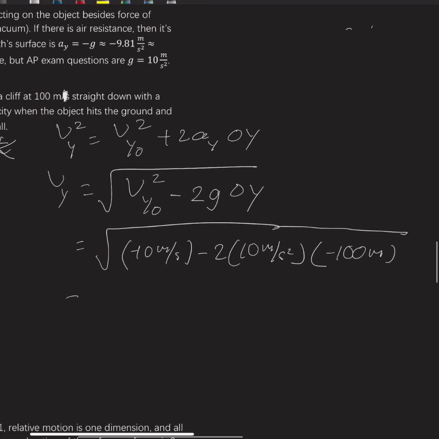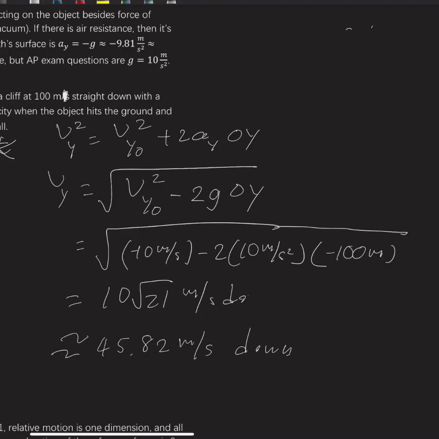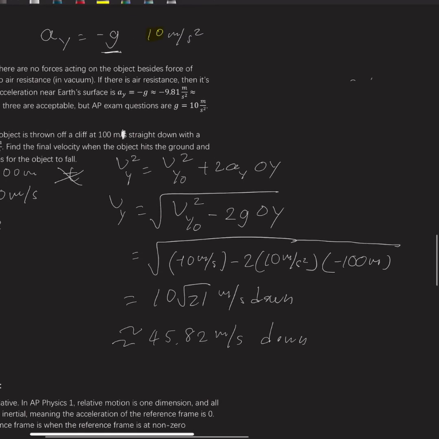When we calculate this, that is 10 times the square root of 21 meters per second, which is about 45.82 meters per second down. Actually, 45.83 meters per second down.